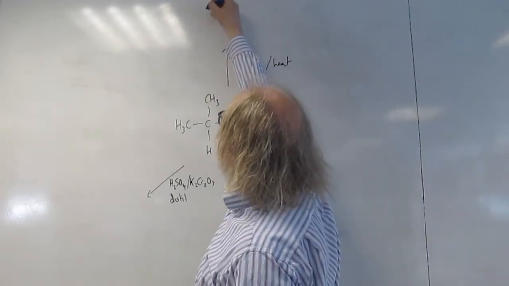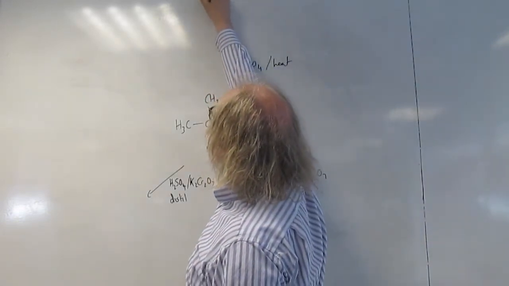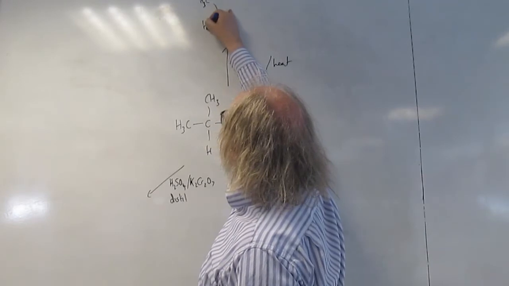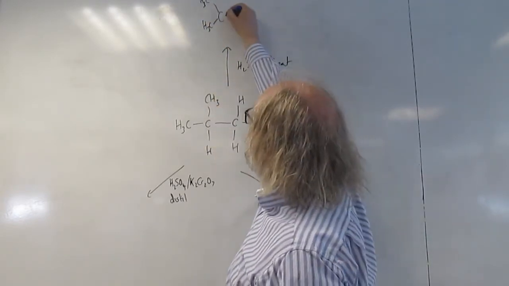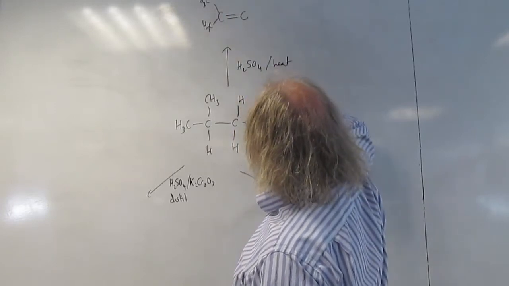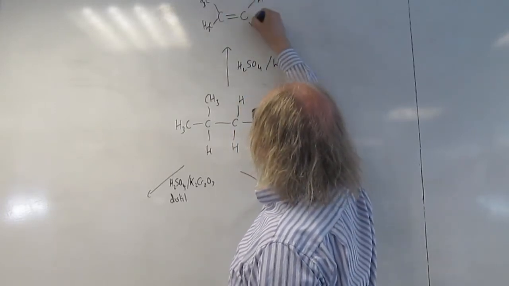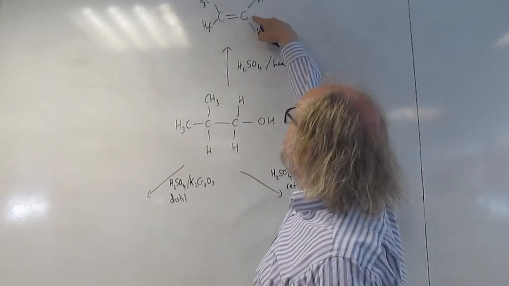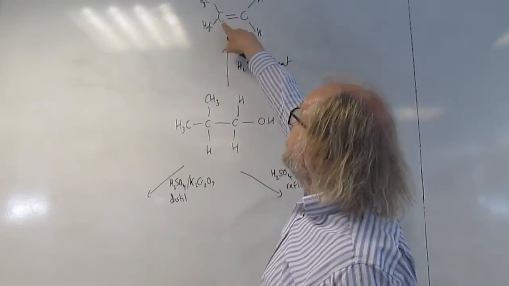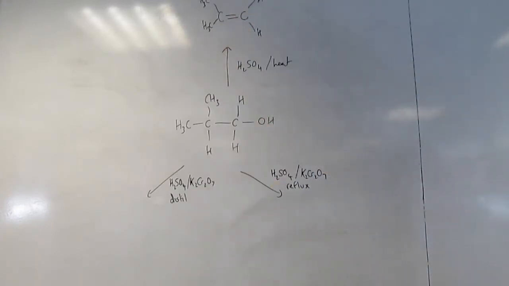So you're still going to have those 2 CH3 groups, like that. Then you're going to have a double bond across here, and you'll have the 2 hydrogens, like that. So you've just lost the OH from this carbon and a hydrogen from that carbon, which gives you the water that was eliminated.